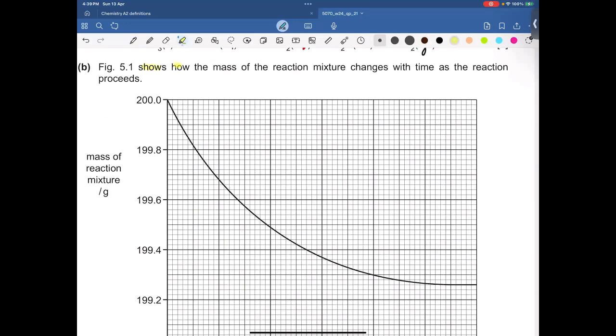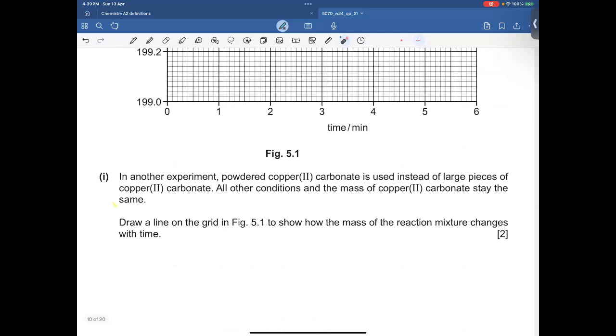Figure 5.1 shows how the mass of the reaction mixture changes with time as the reaction proceeds. So mass of the reaction mixture with time decreases, which means rate of reaction also decreases, right? In another experiment, powdered copper carbonate is used.